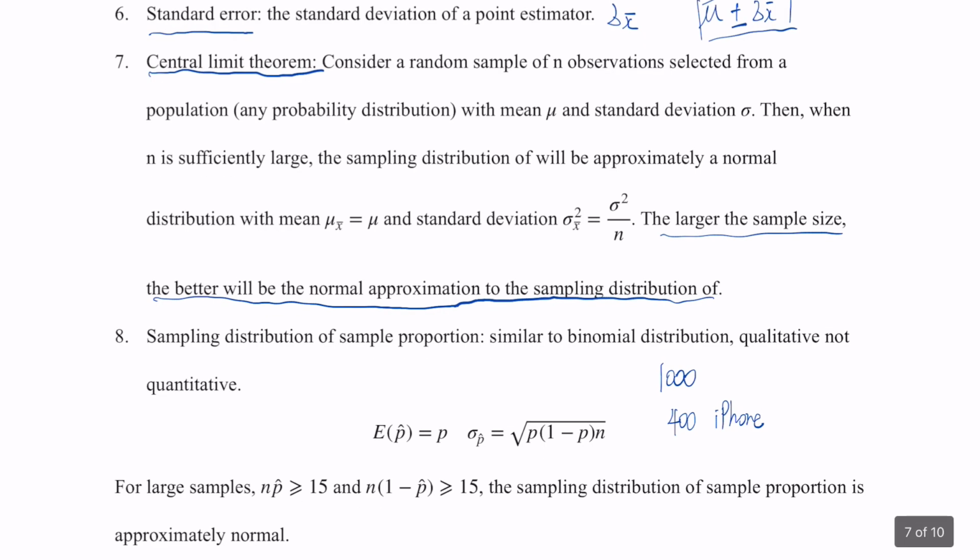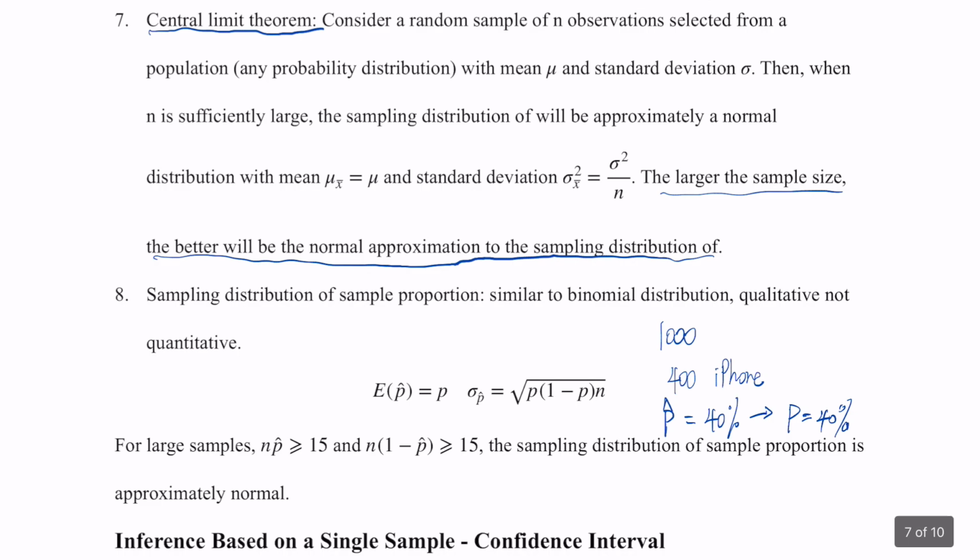Then in this sample, the sample proportion p hat, the proportion of people who have an iPhone, is 40%. So you make an inference that the proportion of people in China who have an iPhone is also 40%. This is an inference, right? It's a guess. It may or may not be true.